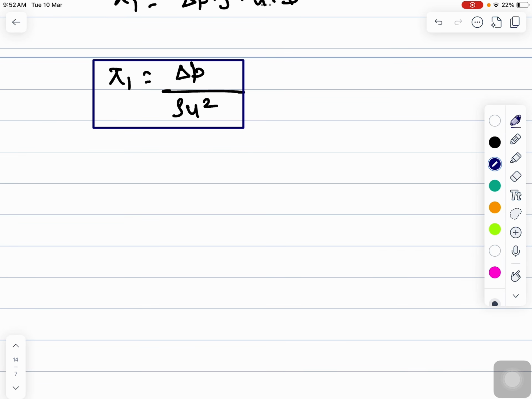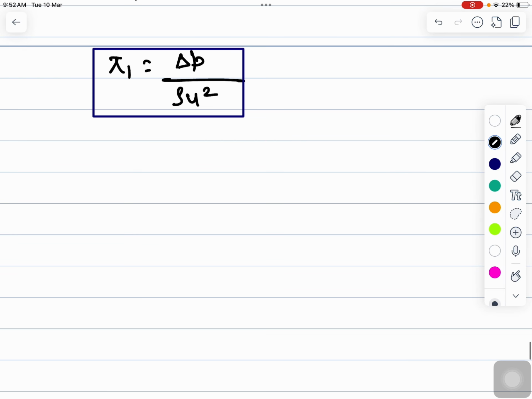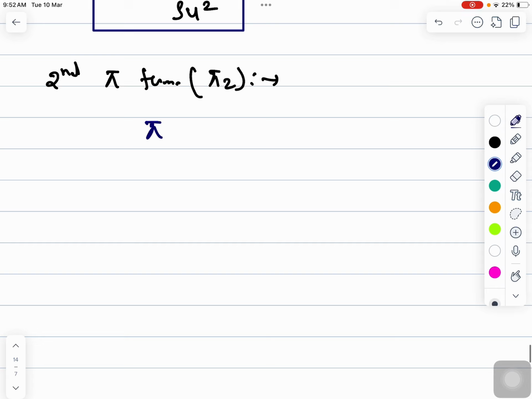Now let's move towards the next thing, that is finding the second pi term, that is your pi 2. So how will we find this? Again in pi 2 we will write viscosity into, let's say, rho to the power a into u to the power b into d to the power c.